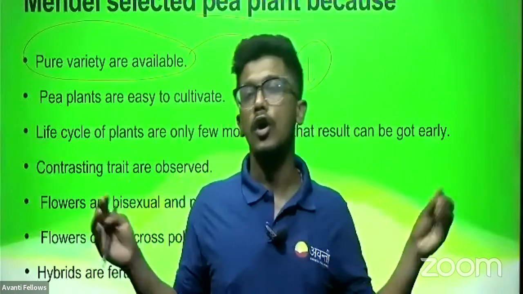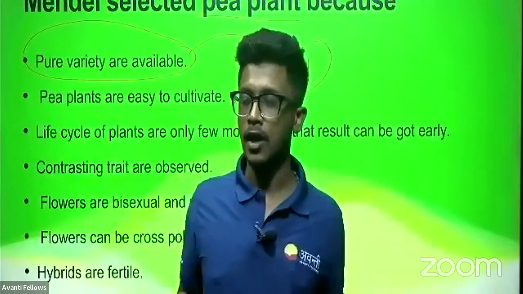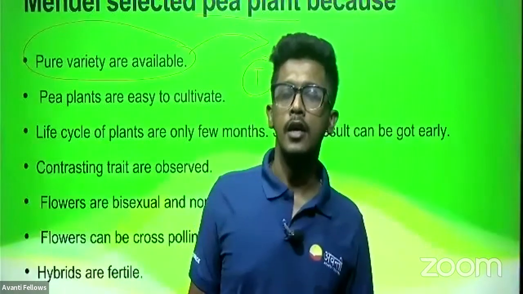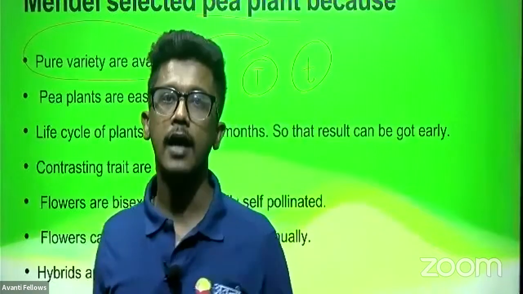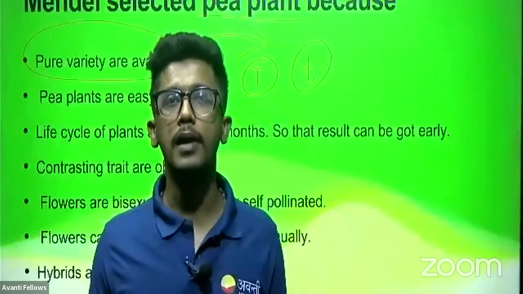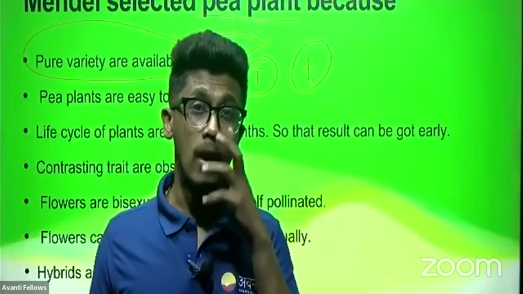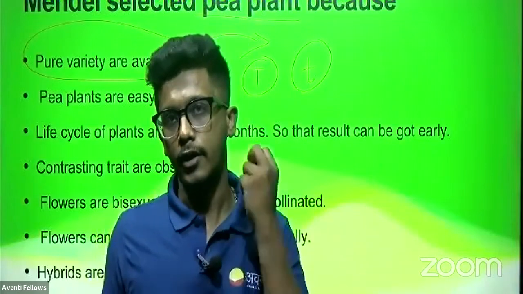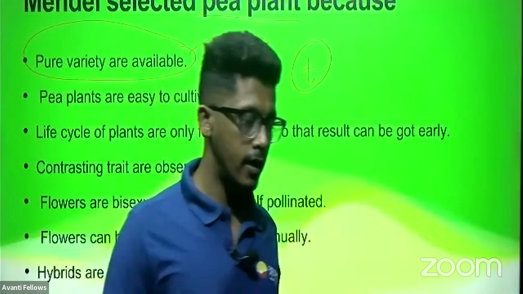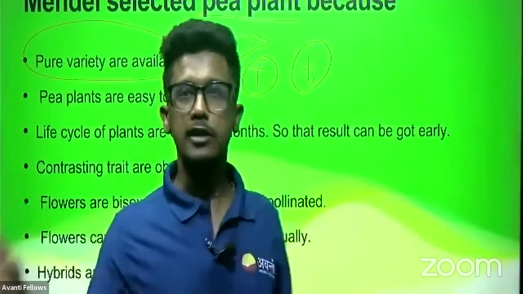If I take any other animal which lives for many years, then it has to grow through juvenility, it has to come through the reproductive phase, and the reproduction process would also be complicated. That's why the pea plant was very feasible and acceptable compared to other options.